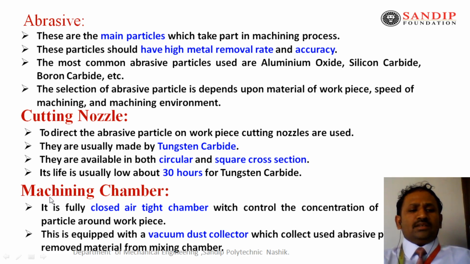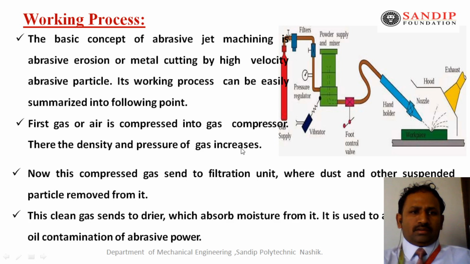Now next is the machining chamber. It is a fully closed airtight chamber in which there is the mixture of abrasive material plus gas, and it is equipped with a vacuum dust collector which collects used abrasive particles and removes material from the chamber.